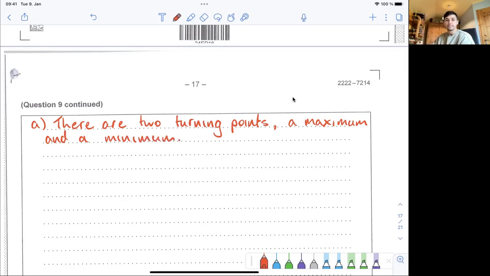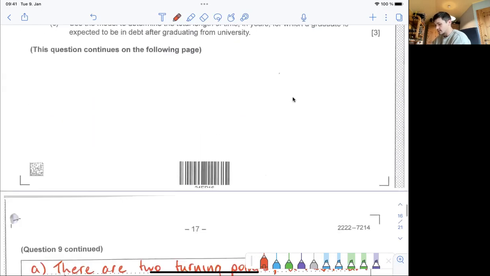And then, to state again, you could also say that there are 3 x-intercepts or that there is 1 point of inflection. And those would be adequate as well. But let's move on to part B.